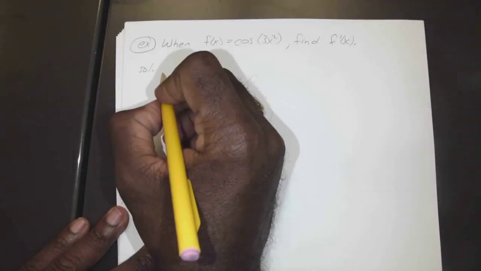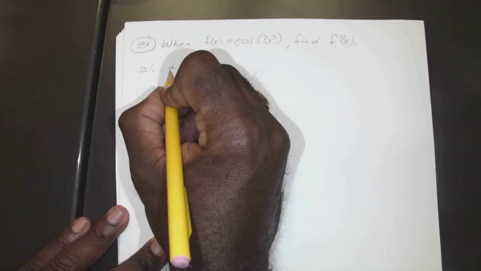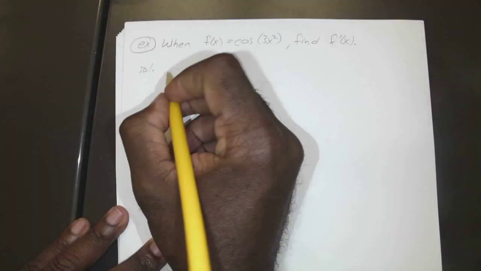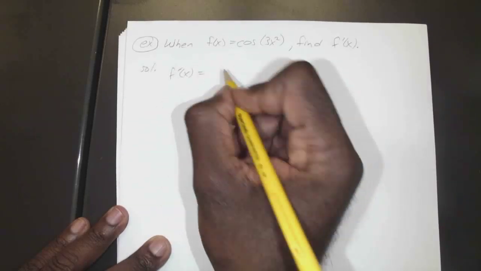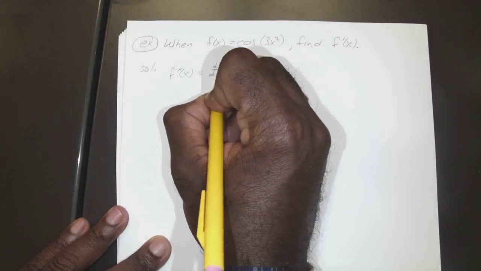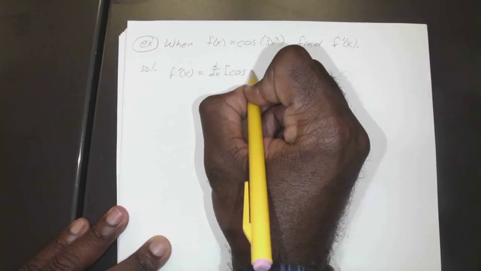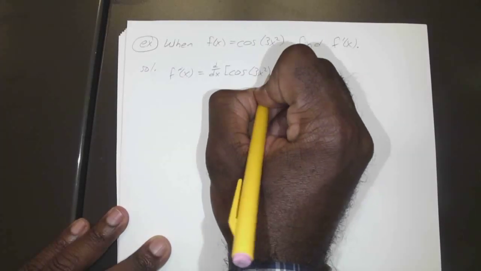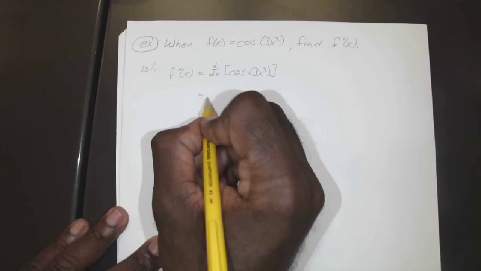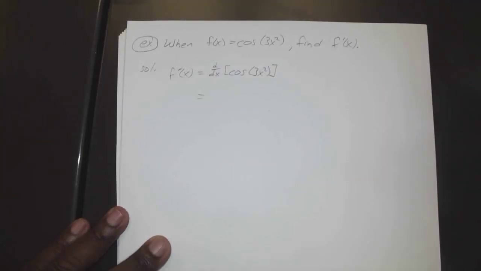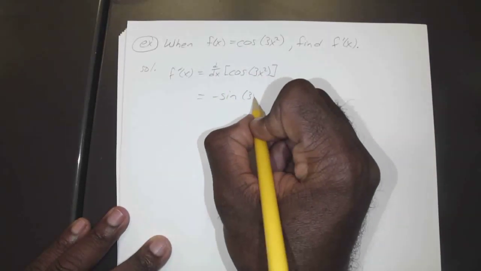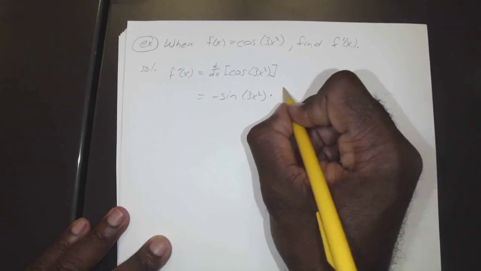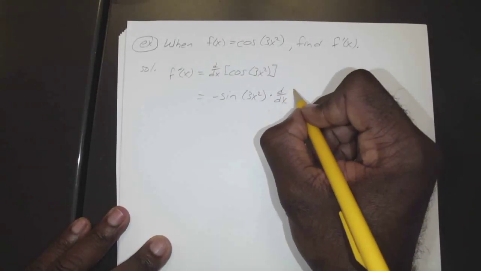With that one, f prime of x is just going to equal the derivative of cosine of 3x squared. The derivative of cosine is just negative sine. So you have negative sine of 3x squared times the derivative of what's inside.